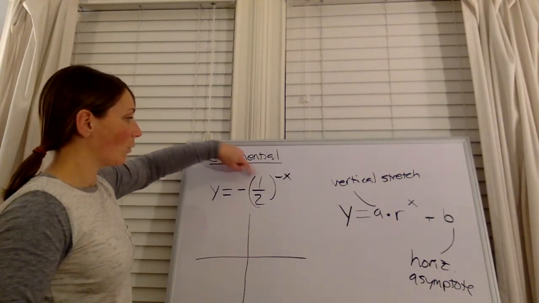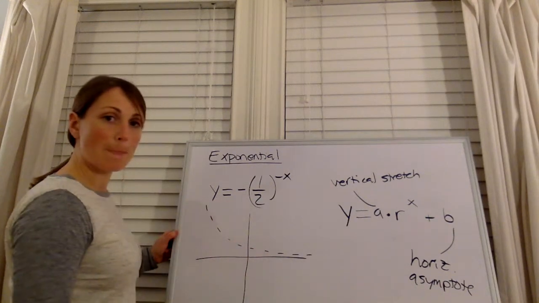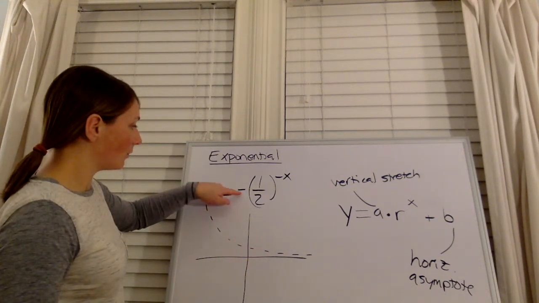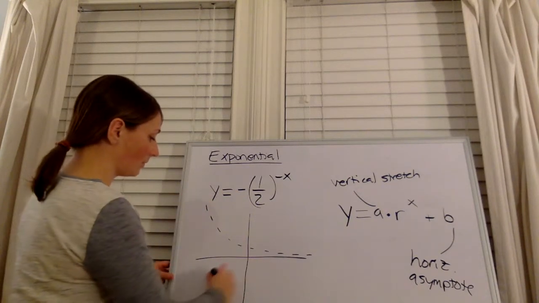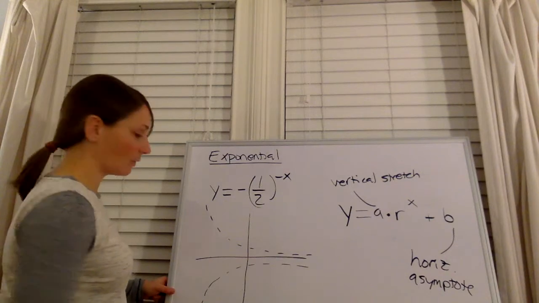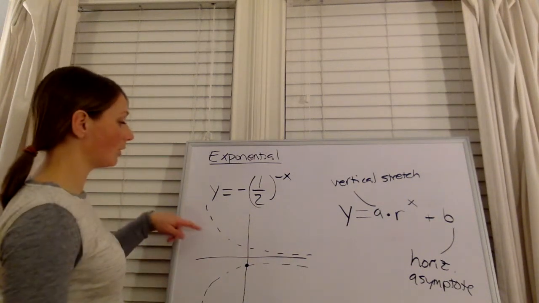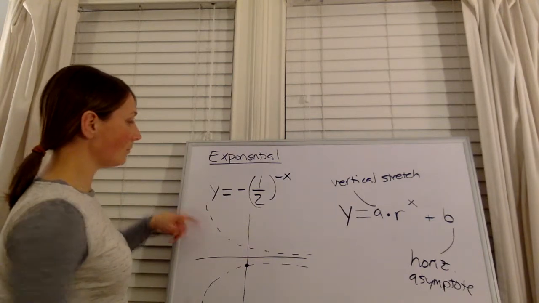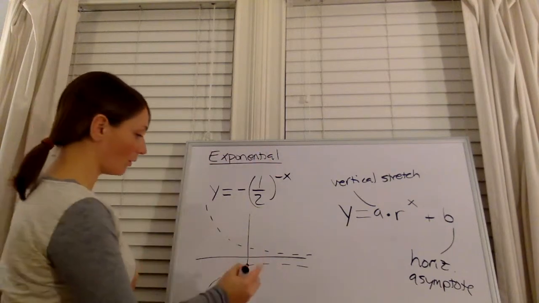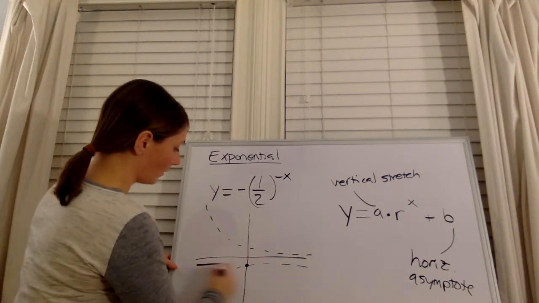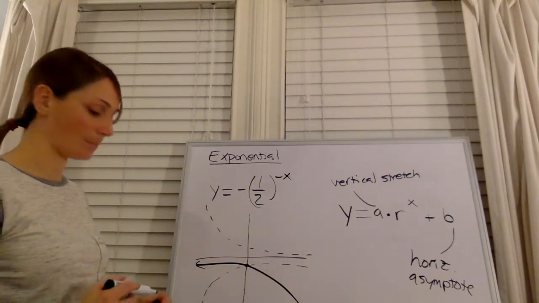We know that 1/2 to the x power looks like this. And then if we consider the first negative sign on the outside, that's going to flip it upside down. So it'll look like that. Y-intercept of -1 now, still a horizontal asymptote of 0. And then if we consider the negative on the exponent, that's going to flip it over the y-axis. So we're going to get a graph that looks like that.